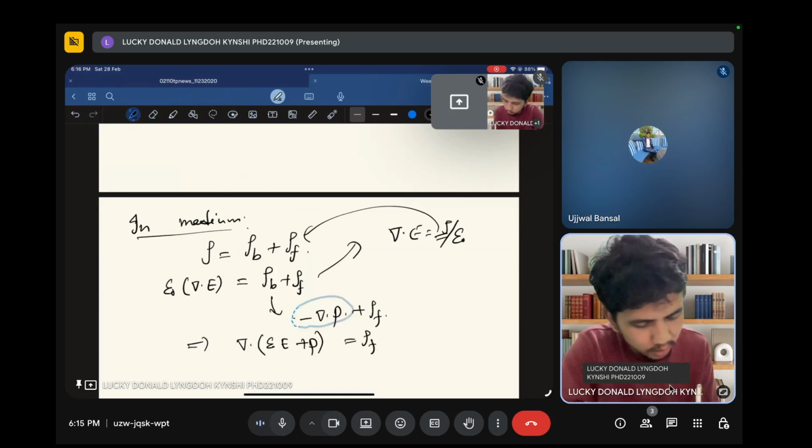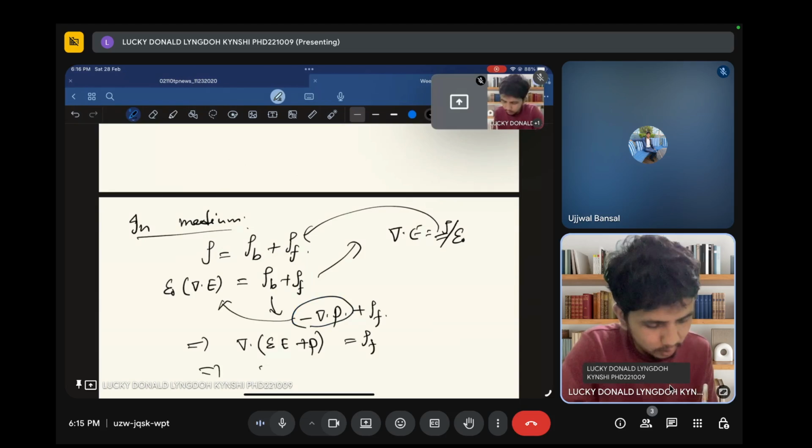We just substitute rho B and substitute back into this equation. So you will get del dot D equal to rho F.